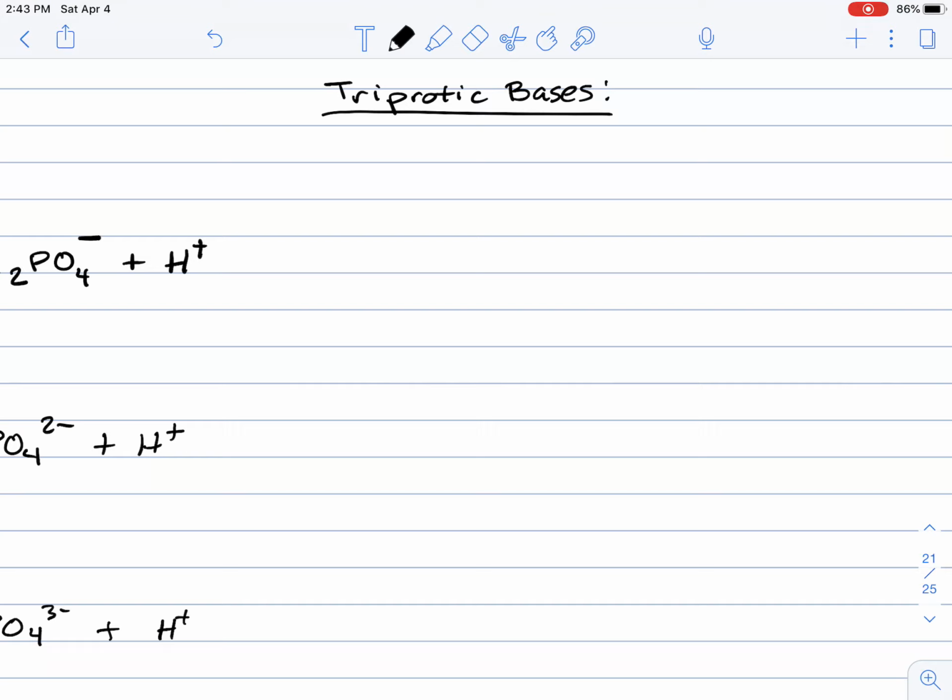And so we're going to write the first ionization step for phosphate. And so here we have PO4 3 negative plus, now since this is a base, we are required to write water, because that's where the ionization comes from.